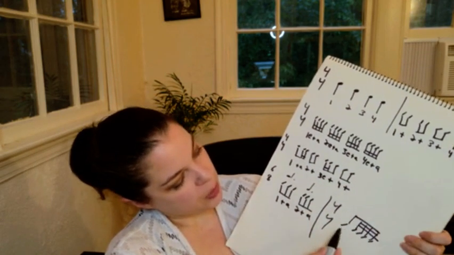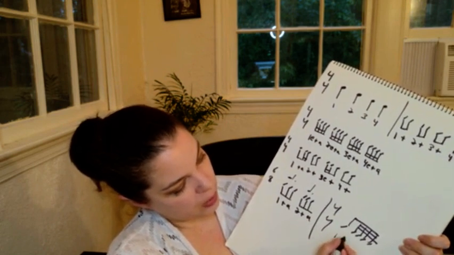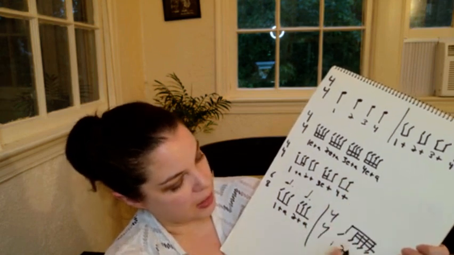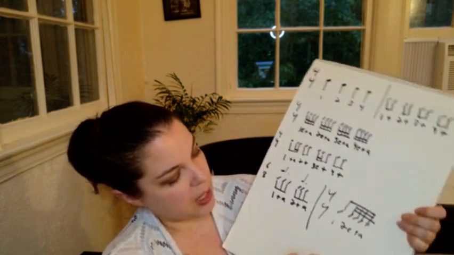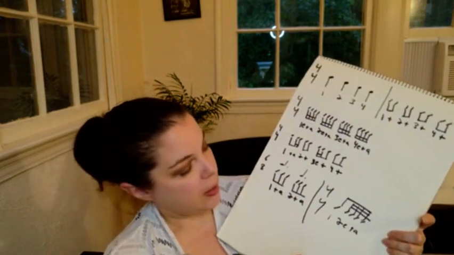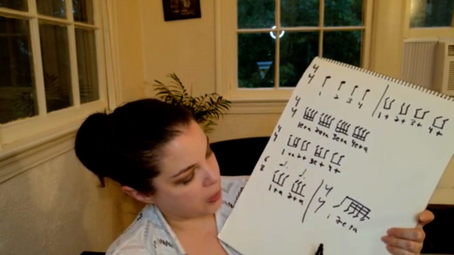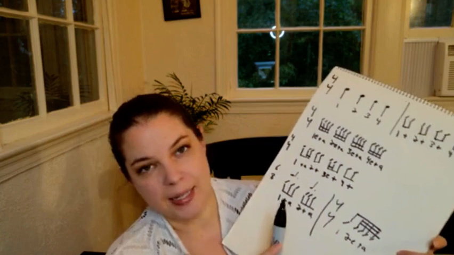So instead of doing "one and," maybe 1, 2, and count the 32nd notes as if they are 16th notes. 2 E and A. So if you did that for the whole measure, it would be 1, 2 E and A, 3, 4 E and A, 5, 6 E and A, 7, 8 E and A.